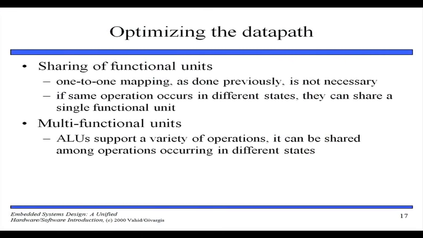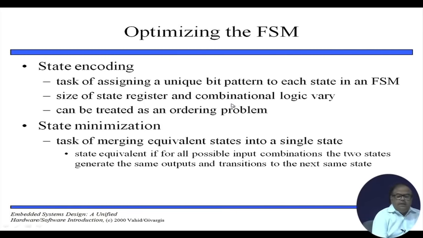So, the optimization criteria are multifunctional units or sharing of the units. And the other thing is optimizing the FSM, the state encoding. We can assign a unique bit pattern to each state. Size of the state register and the combinational logic vary. We can minimize the states, multiple states into a single state, that is possible. So, in these different ways we can carry out the optimization.